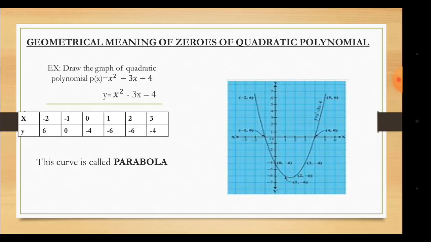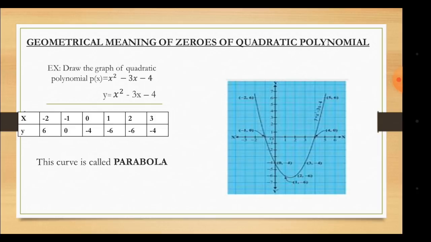Zero of polynomial means x coordinate of the point where the graph intersects the x-axis. So here (4, 0) and (minus 1, 0) are two points which intersect the x-axis. So we have to check here what is the x coordinate. What is the x coordinate of the first point? 4. What is the x coordinate of the second point? Minus 1. So here minus 1 and 4 are the x coordinates of the points where the graph intersects the x-axis.